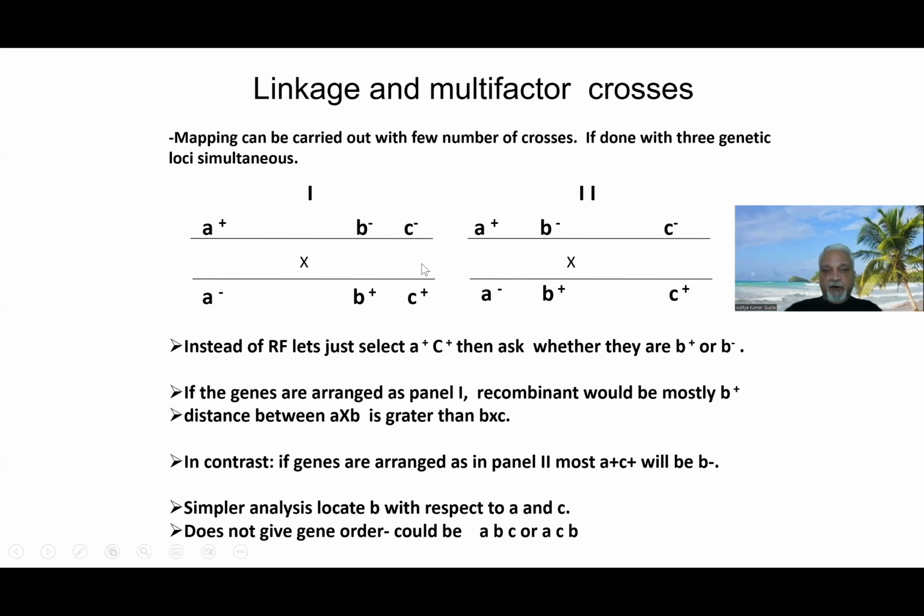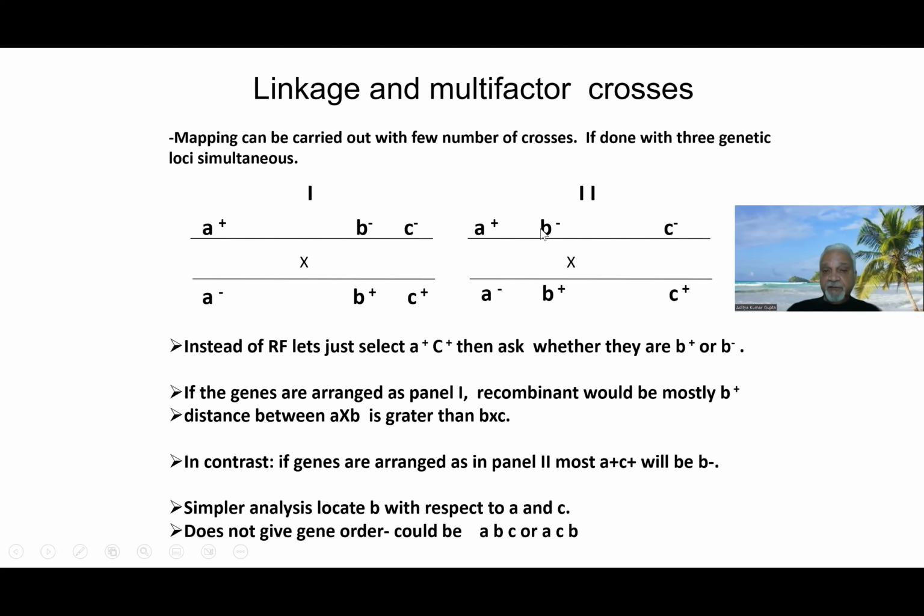Now, if your A plus C plus is also B plus, then what does it mean? It means this is the gene order, that is A, B, and C. Because if there is a recombination or crossover at this point, you get A plus, B plus, C plus. Similarly, if we are looking for the A plus and C plus phenotype, but it is B minus, it means the crossover is taking place here.